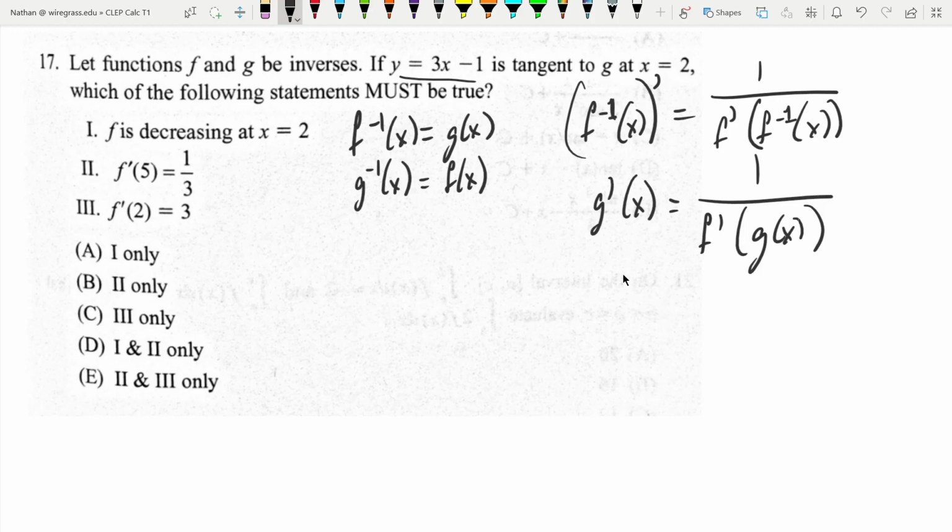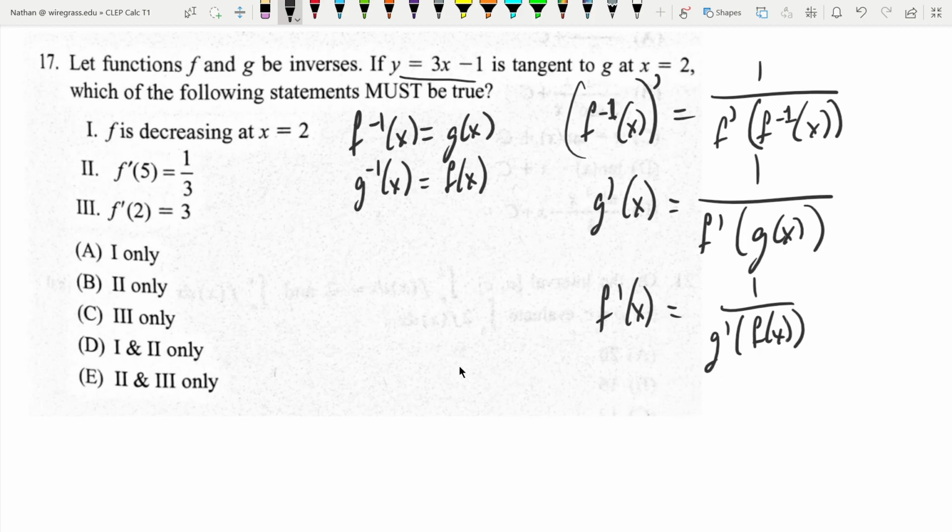You can also rewrite this with the flipped version: f prime of x equals 1 over g prime of f of x. I'm just flipping the function names, f and g.